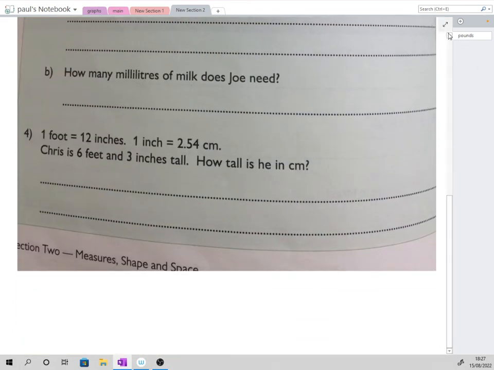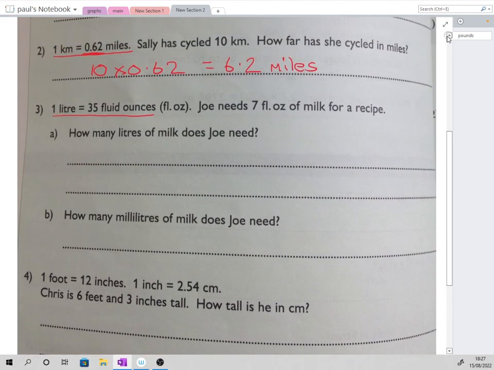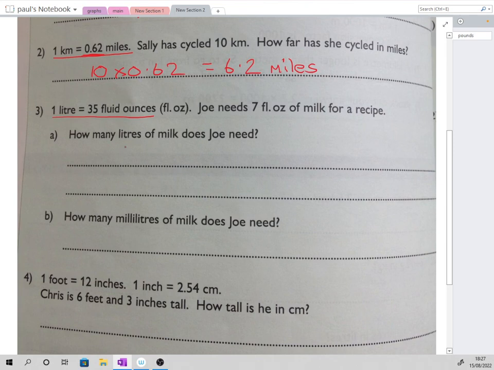Oh, where am I going? Something to do with feet and inches there. Right, let's do this. So 1 litre is 35 fluid ounces. Fluid ounces. You may see these in old recipe books and things. You know, it's crack 2 eggs in the bowl and put so many grams of sugar and then some fluid ounces of milk.